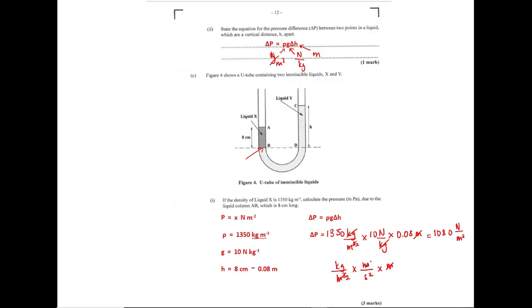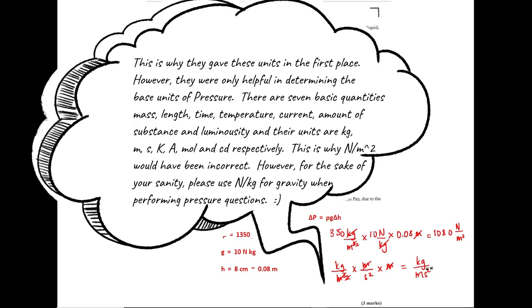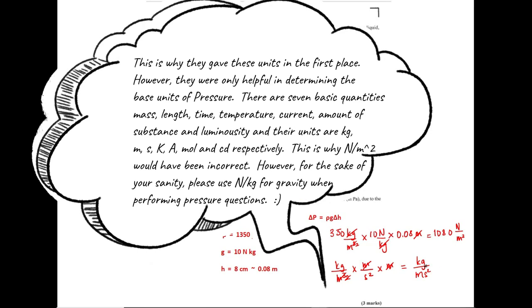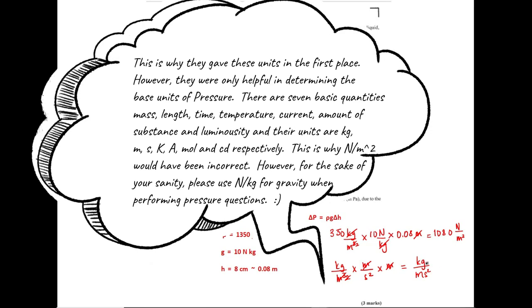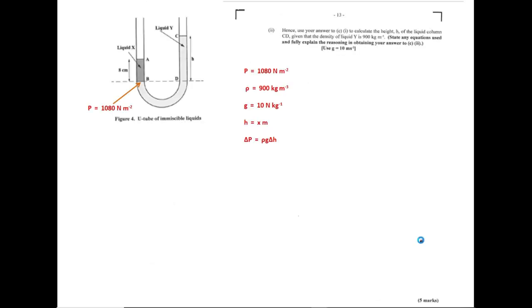You're going to end up with these kinds of units: kg over meters per second squared. And then you're just like, okay, this looks weird, right? So that's why. And I'm going to show you again why you don't use it on the next slide.